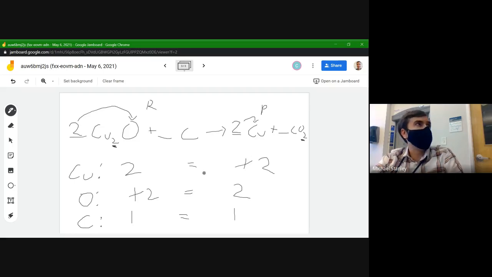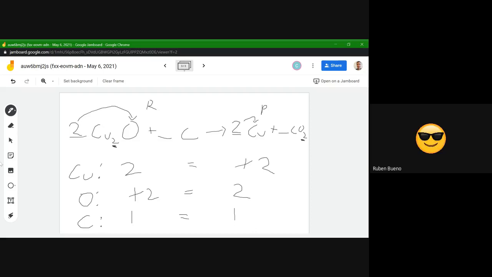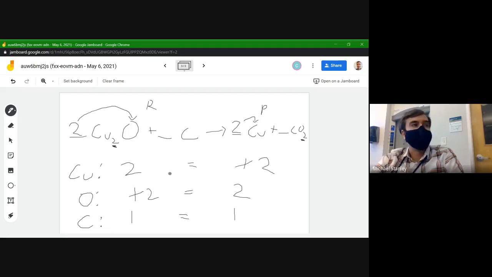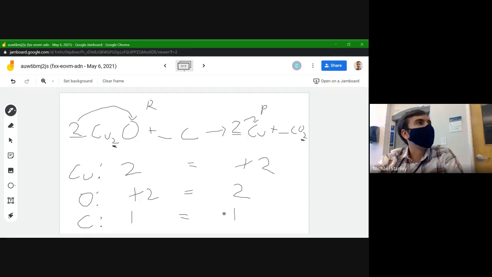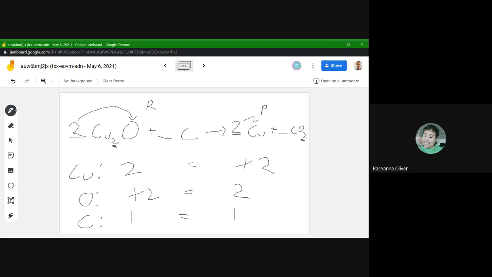Do we have a fully balanced equation now? Yes. No. Oh, did I make a mistake somewhere? Carbon is still 1, no? Carbon's still 1 on both sides. And then there's 2 on each side for the second. Oh, yeah.